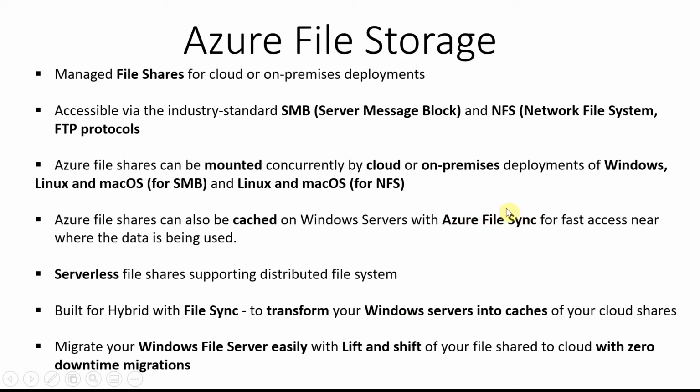At the end, Azure File Sync is nothing but caching software which has to be installed. So if you already have a Windows server, you don't need to install anything specifically. You can use your existing server and use that software to cache it. If you're already using Windows server, then you can reuse it, so you get some cost advantage.